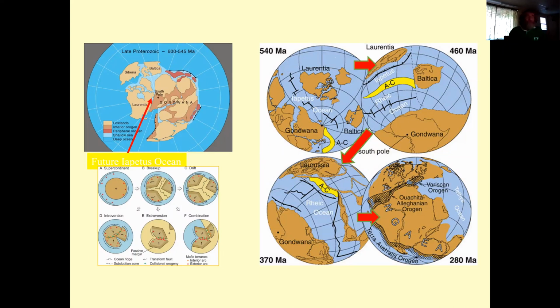So if Pannotia is not a supercontinent, the geodynamic models for Pangaea go one way. If it is a supercontinent, it's the opposite way. Extroversion versus introversion.